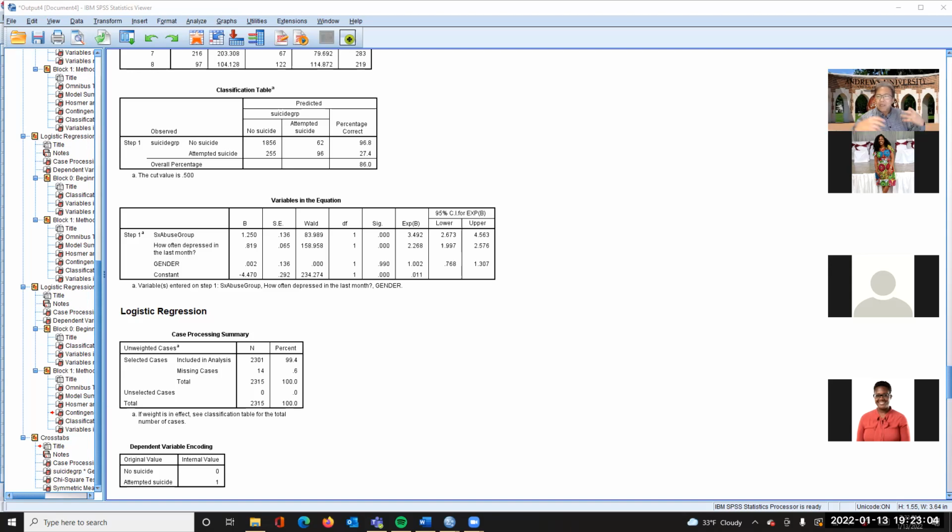The difference being how you interpret. Instead of looking at the standardized regression coefficients or the beta, you now look at the odds ratio, because that tells you the likelihood of being in the reference group, in this case, the attempted suicide.